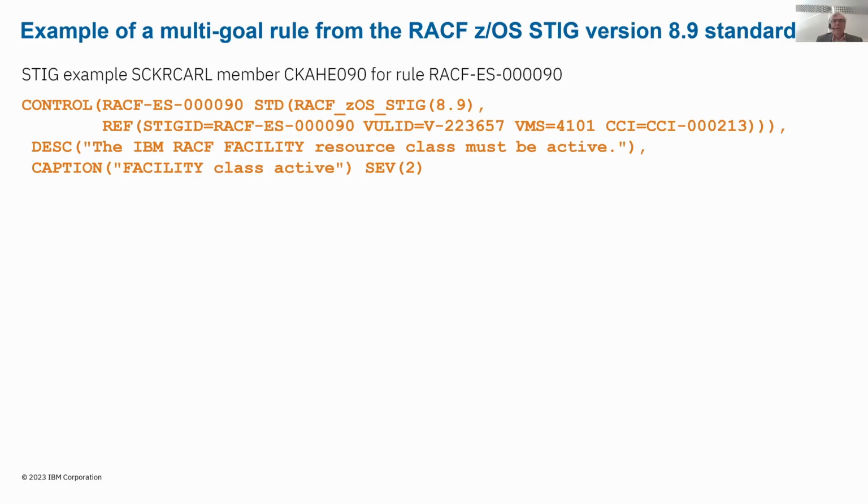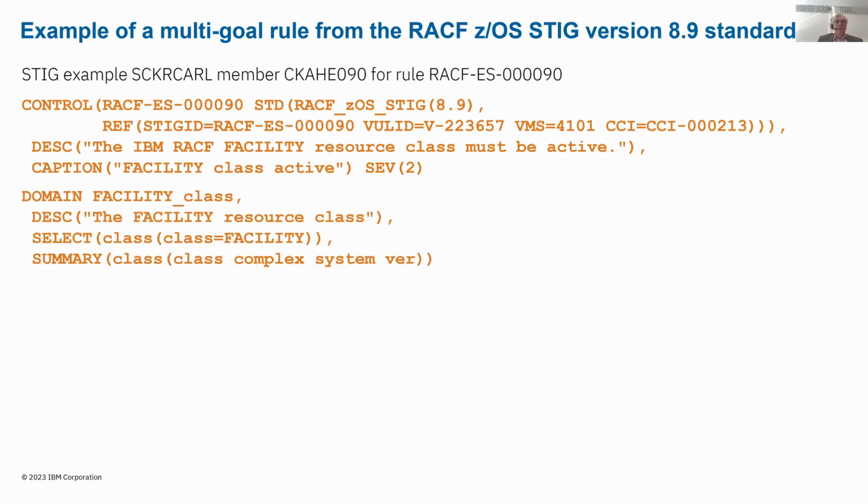It's part of the standard called RACF_ZOS_STIG, and it's just for version 8.9. And there's a list of references to the STIG ID, the vulnerability ID, the VMS, and the CCI. And then a description, a caption. Caption is a max 25 character short description that you can exploit to make printable reports palatable, and the severity.